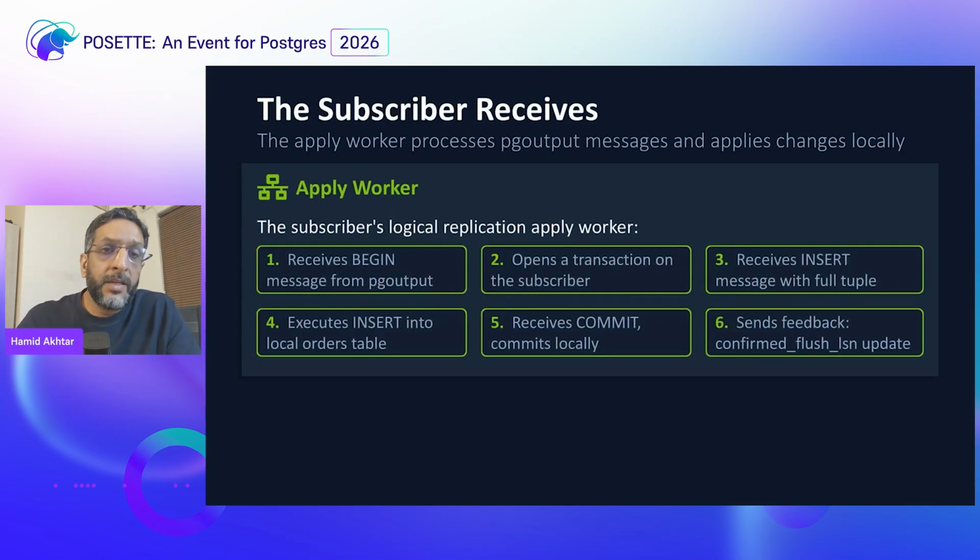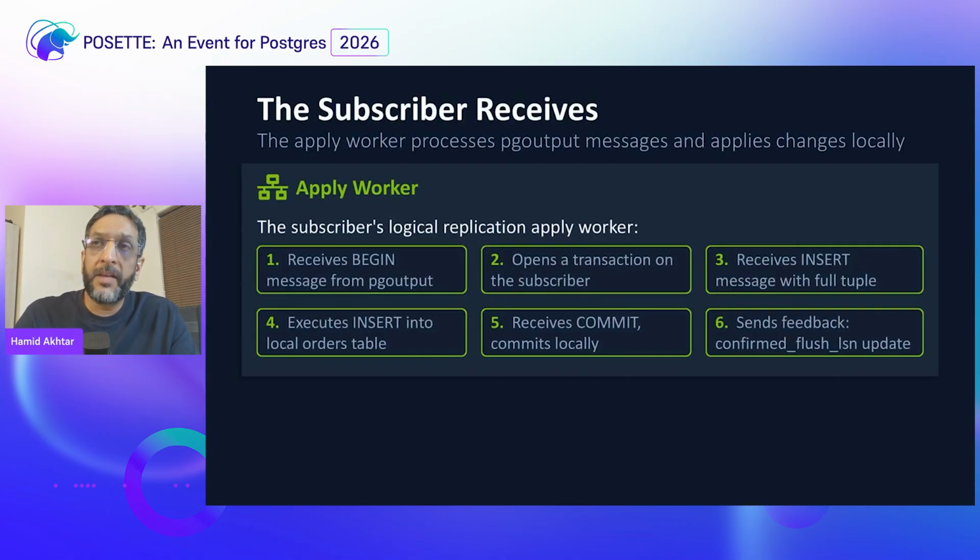On the apply side, we're receiving these protocol messages from the publisher with begin. So on the subscriber, we end up creating a subscriber transaction. We start receiving all the changes, then we apply those changes locally. And remember, these are not binary changes. These are logical changes. So we receive the table name, the column, and the value.